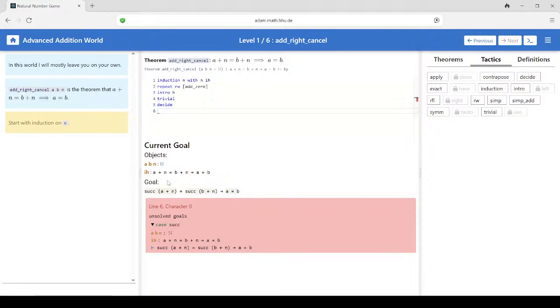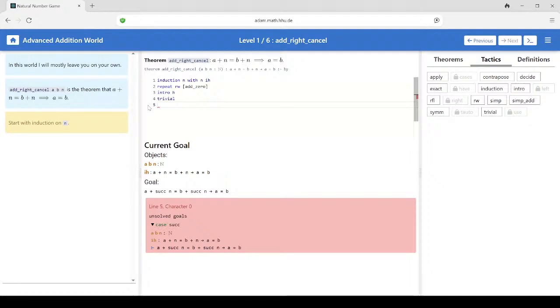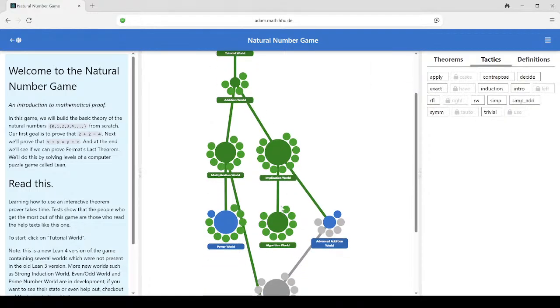So you can just use decide and it figures out steps for you. So we probably shouldn't use that because that's just... We discovered the decide in algorithm world, right?